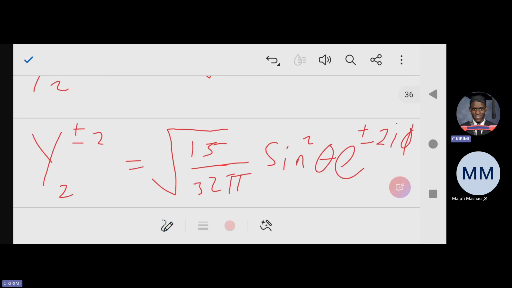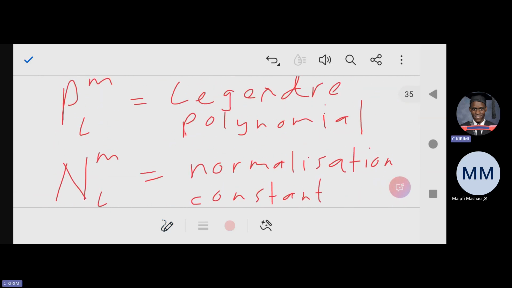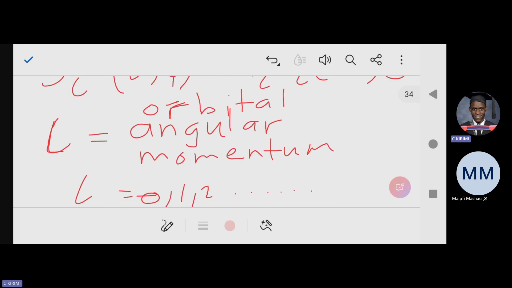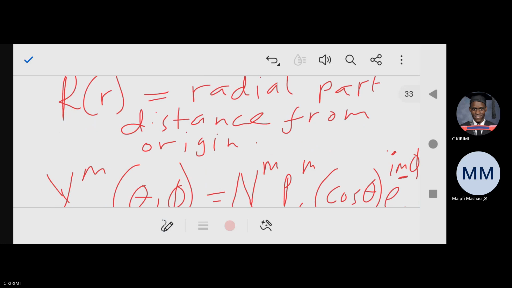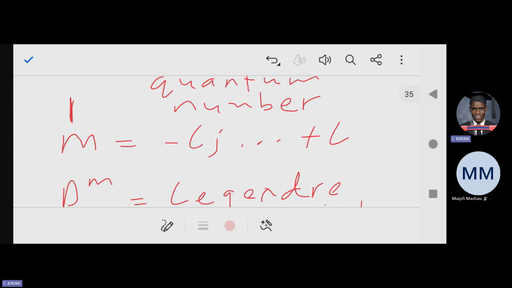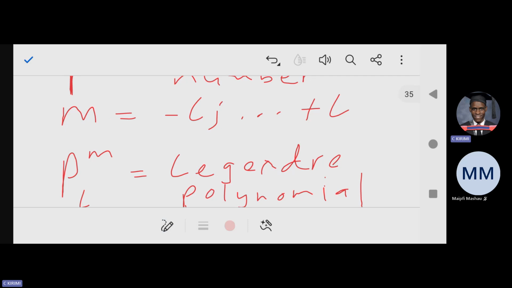So I have given you this one, and you must check. We said if your L is 2, the range in terms of M: it starts from minus 2 up to positive 2, because your L is 2.